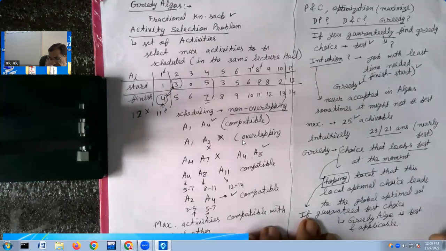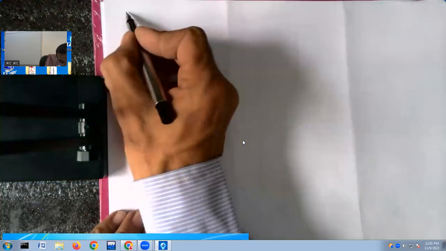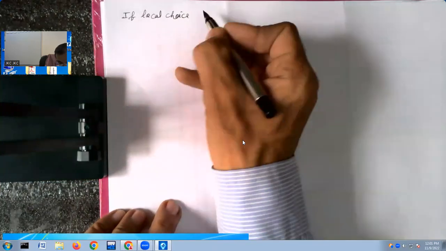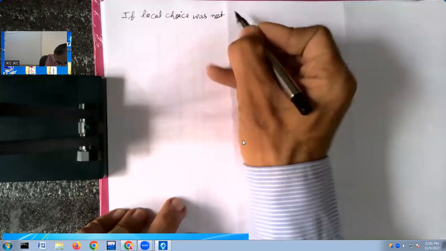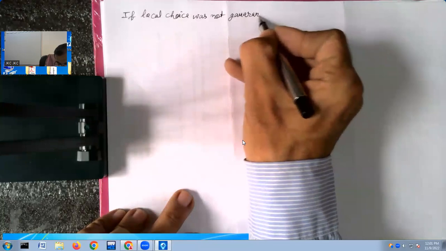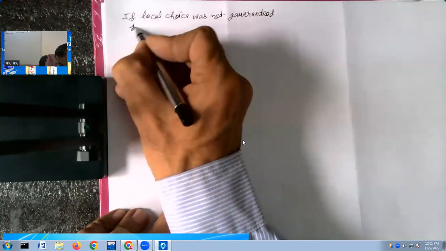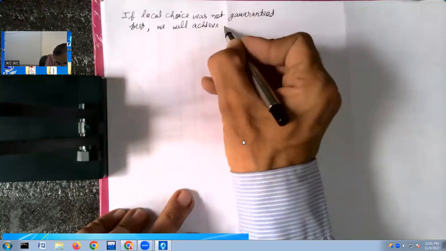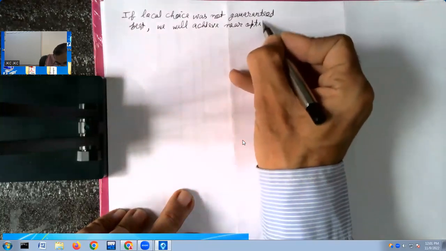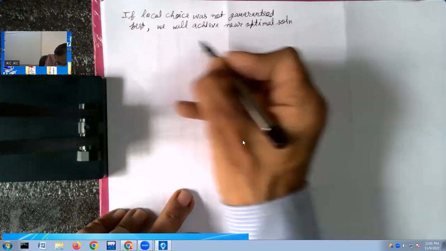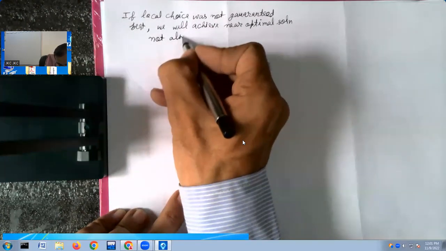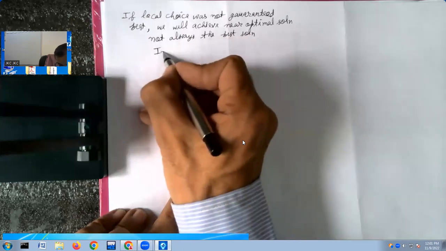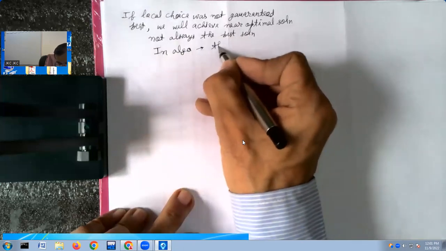So if my local choice, or greedy choice, was not guaranteed correct, we will achieve a near optimal solution, not always the best optimal solution, not always the best, which means that in algorithms the best algorithm was still possible.